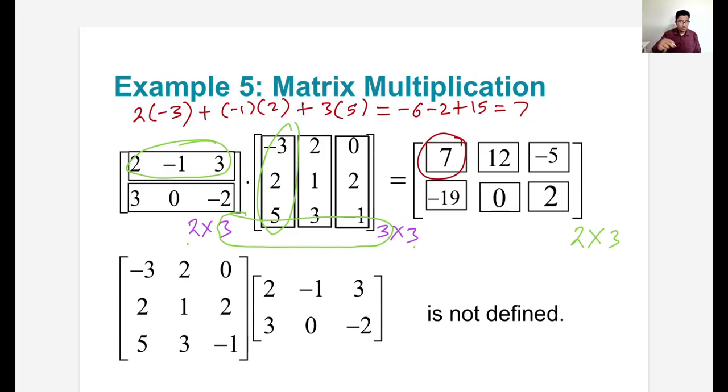Then what we do, you can move to the next row or move to the next column, but fix a pattern. What I will do is, I'll keep the same row and go to the next column. So I will be multiplying the first row 2, minus 1, 3 with the column 2, 1, 3 by the same pattern, using the same technique that we just did. And that will go where? Here, 12.